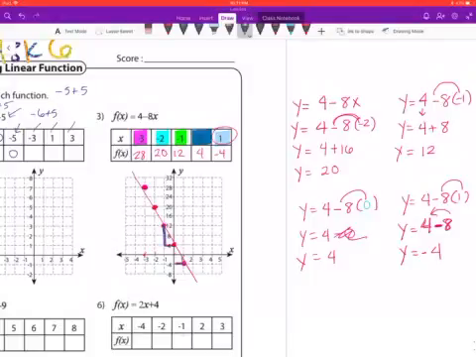Or left 1, up 2. So your rise is 2, left 1, right? So that would be your slope, right? Rise 2 or go down 2 to the right 1. Same thing. All right.